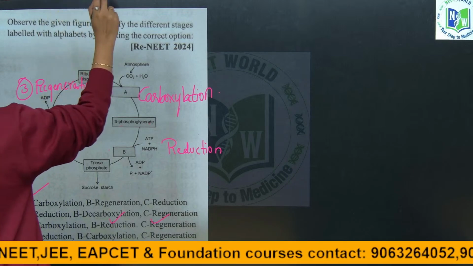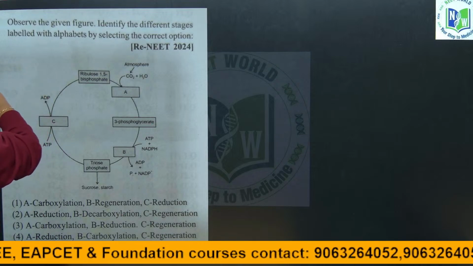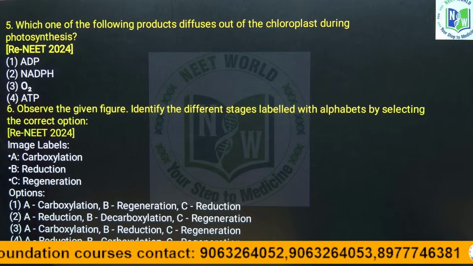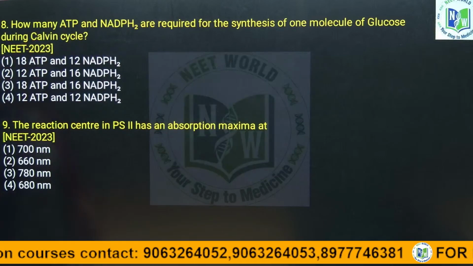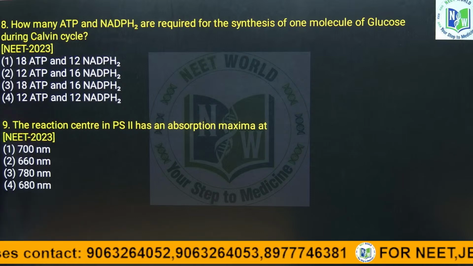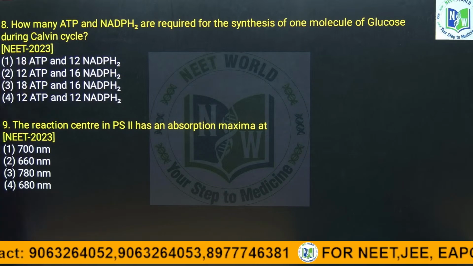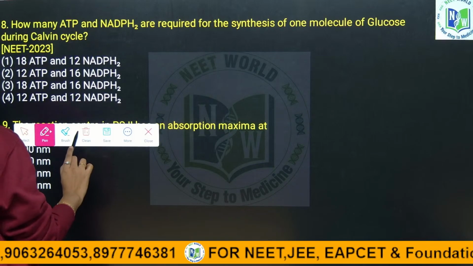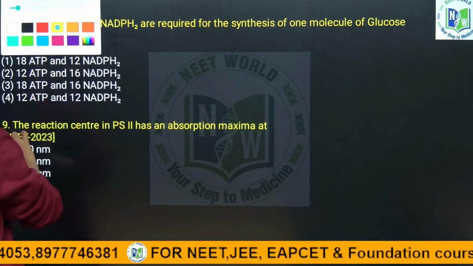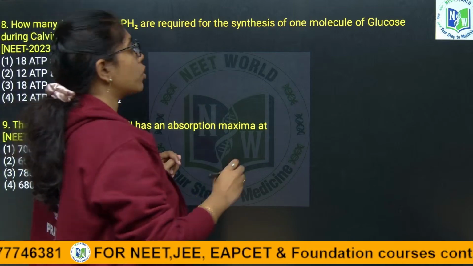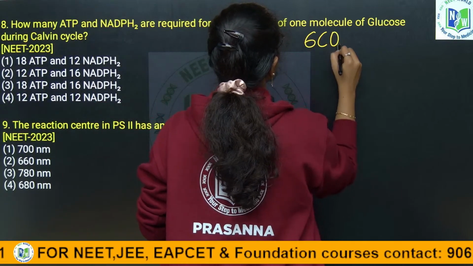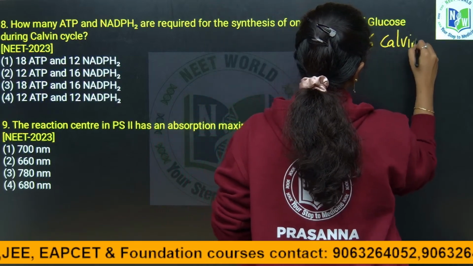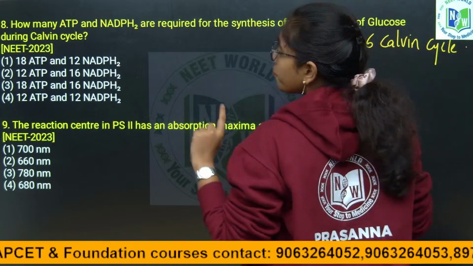Next, if we look into how many ATP and NADPH2 are required for the synthesis of 1 molecule of glucose in the Calvin cycle? We all know for the formation of 1 molecule of glucose, we need 6 carbon dioxides, which conduct 6 Calvin cycles.